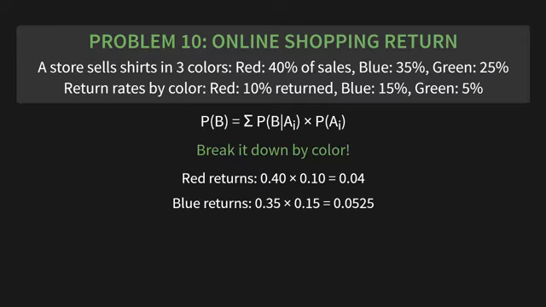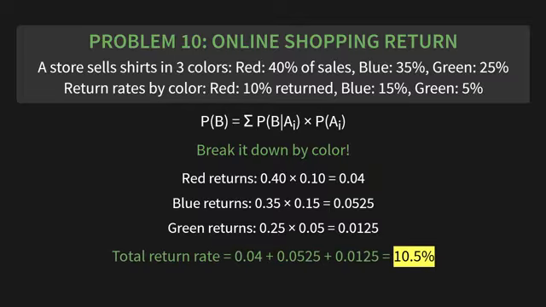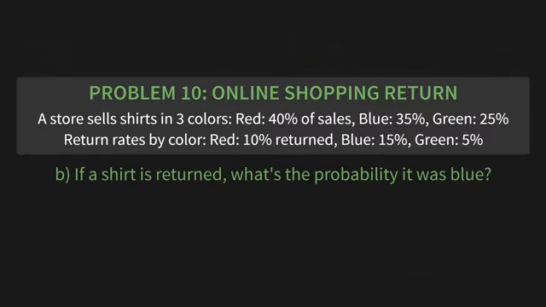Green shirts are only 25% of sales, and they have the lowest return rate at 5%. When we calculate each color's contribution and add them all up, we get 10.5% overall return rate. Not too bad. Now here's a twist. If a shirt is returned, what's the probability it was blue?